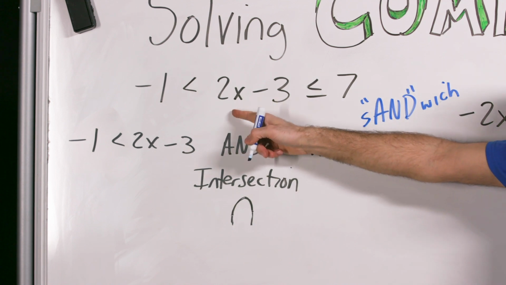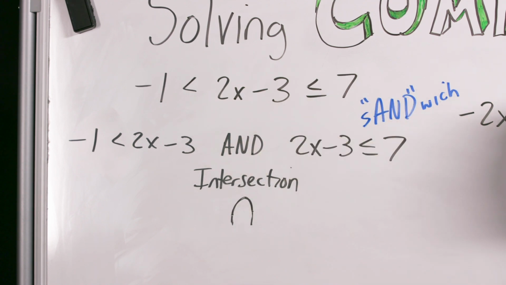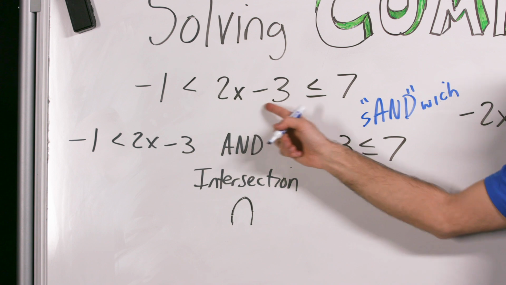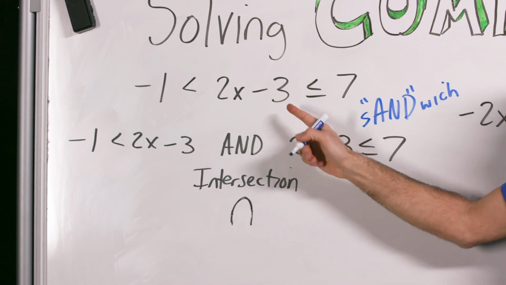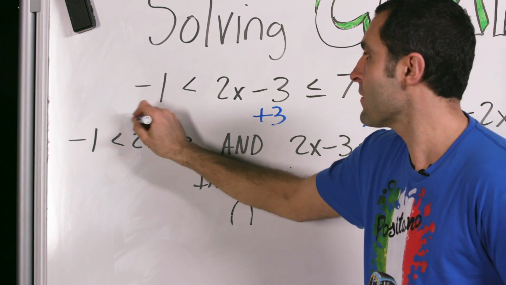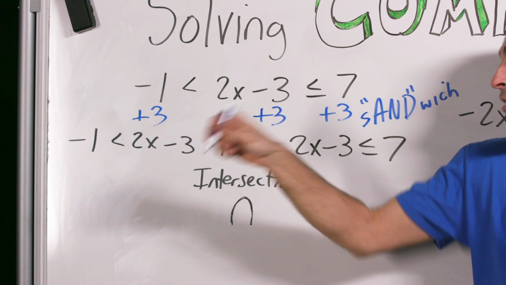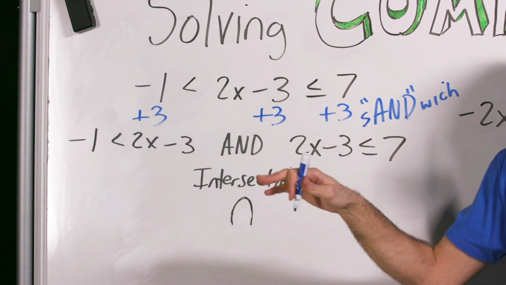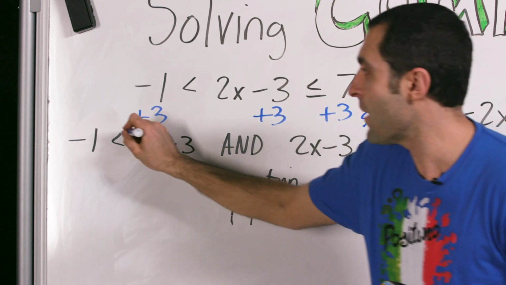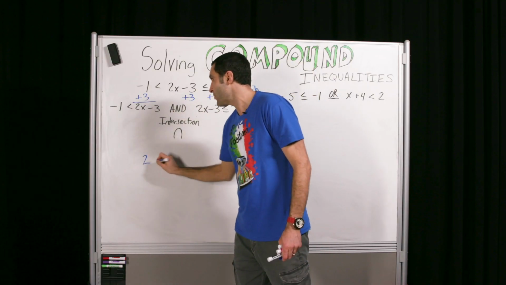All right, in order to do that, we need to get rid of the 2 and the -3. We've learned in previous videos, algebraically speaking, that we want to move this 3 over first by adding 3 here and here and here. You could add 3 to all 3 components and it'll level out. It'll be even. All right, I'm going to bring the work down here. -1 plus 3 is 2.